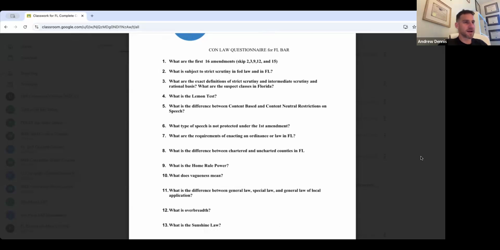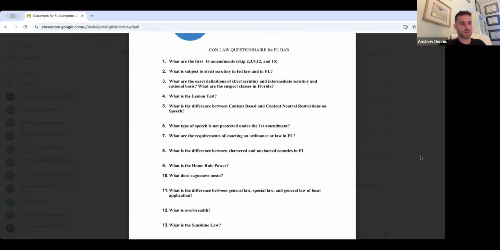There's also the CAMPER mnemonic: contraception, abortion, marriage, procreation, education, and the right to raise your family. Again, abortion, I'm not sure it's still considered a fundamental right. It's kind of unclear right now.